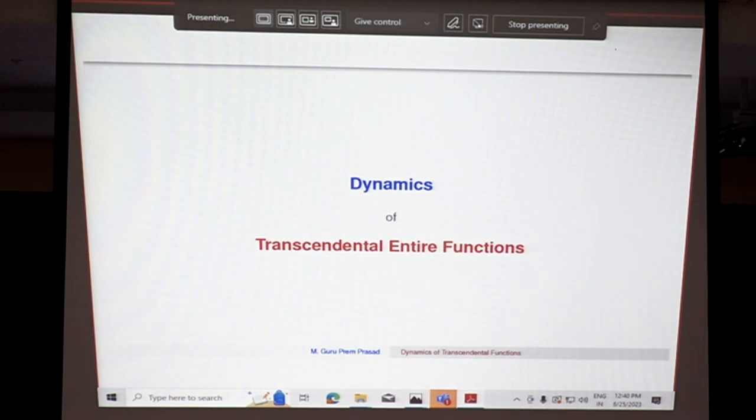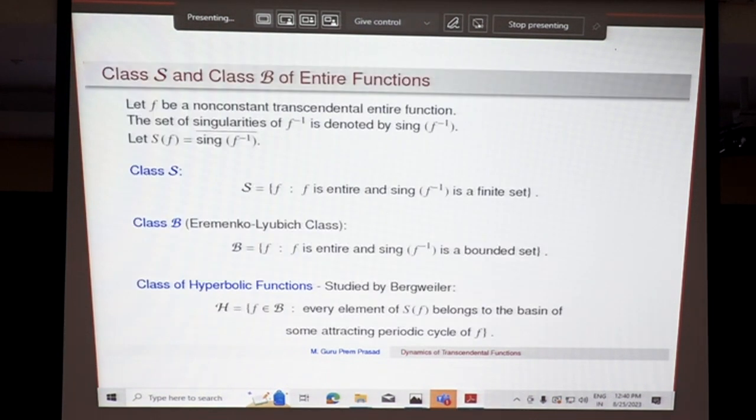Coming to the transcendental entire functions, the present work becomes more advanced. Depending on the singularities of F inverse, that is, the asymptotic values and the critical values and their closure, we take it as S F. If this S F is a finite set, then we call it class S. If S F is a bounded set, then we call it class B, the Eremenko-Lyubich class. And if every element of S F belongs to some basin of attraction, then we call it class H, the hyperbolic class.